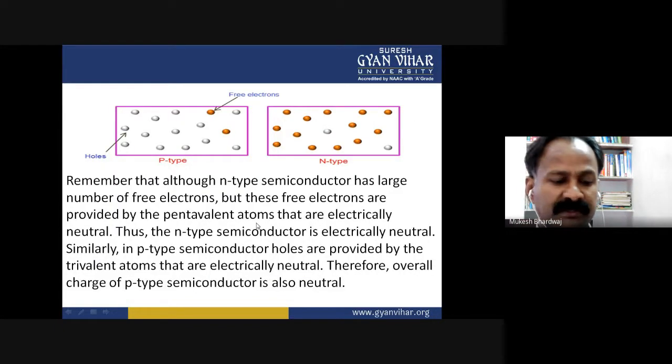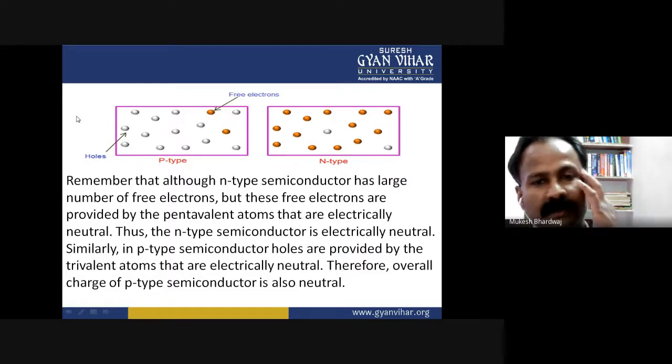after coming to these p-type and n-type junctions, remember that this is the pictorial representation of p-type and n-type semiconductors, which shows the majority and minority charge carriers in both types. The yellow ones refer to the free electrons, and the white dots or balls refer to the holes.